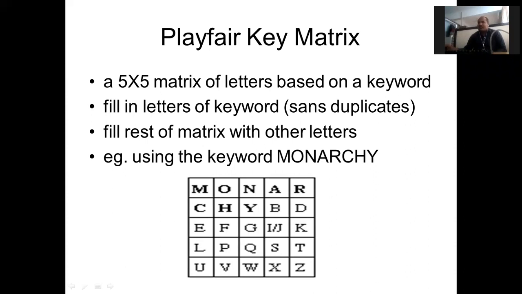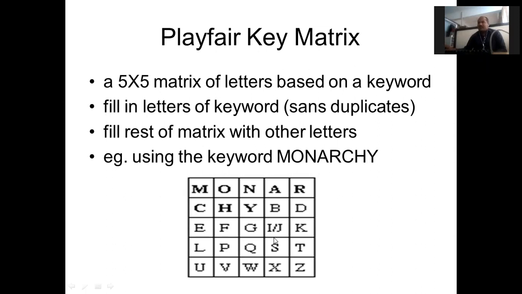No, the B is not written, so we need to write the B. Again, the C is already covered in the keyword, so we write the D here. Then the E, F, G. Now we come to the H, which is already covered. Now the I and J.